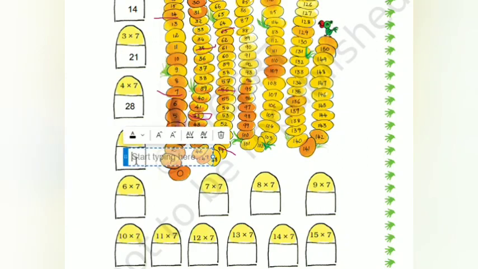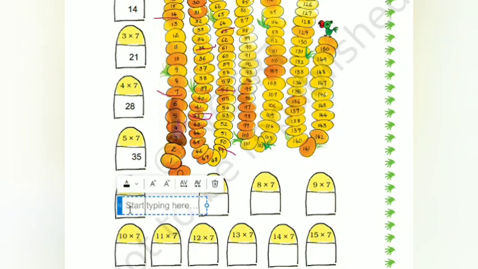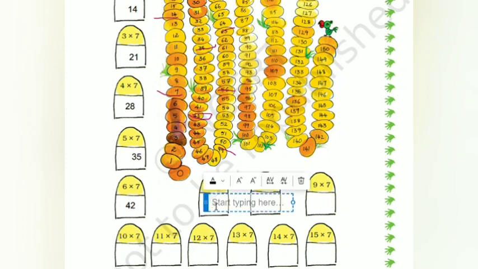That we have to write here. 35. That is 5 into 7, that is equal to 35. In the sixth time, after 35 it reached 42. Okay, so 6 into 7, that is equal to 42. In the seventh time it reached 49. Okay, so 7 into 7, that is 49.